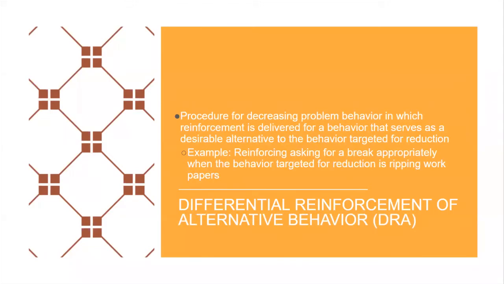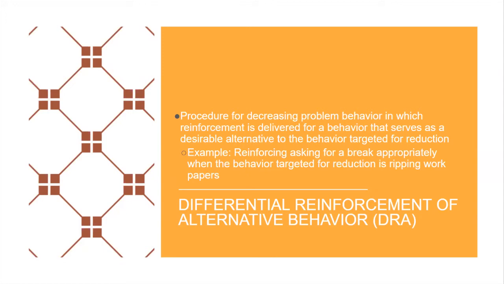A differential reinforcement of alternative behavior, which is the DRA, is one of the most used types of differential reinforcement. It's a procedure for decreasing problem behavior in which reinforcement is delivered for a behavior that serves as a desirable alternative to the behavior targeted for reduction. For example, reinforcing asking for a break appropriately when the behavior targeted for reduction is ripping work papers.